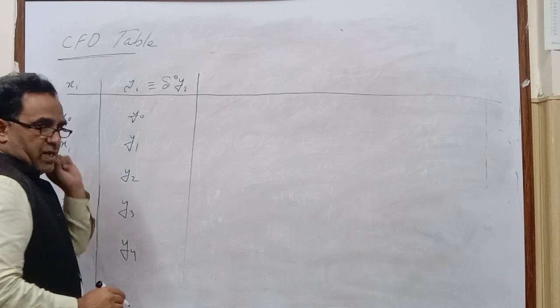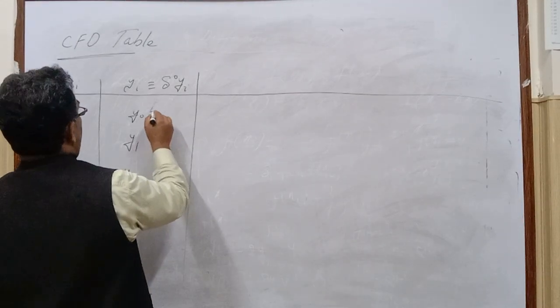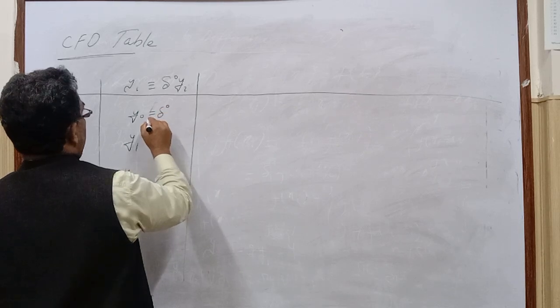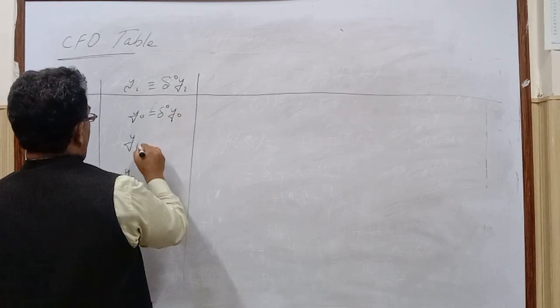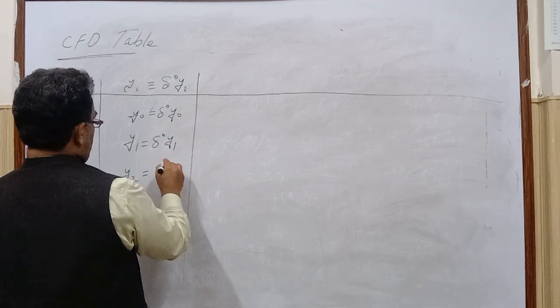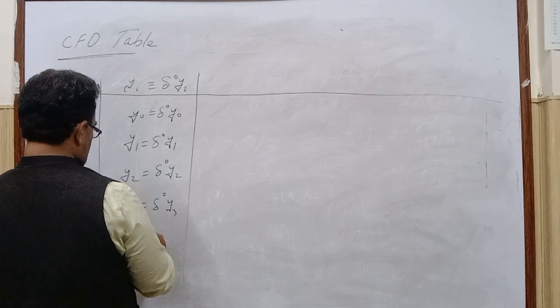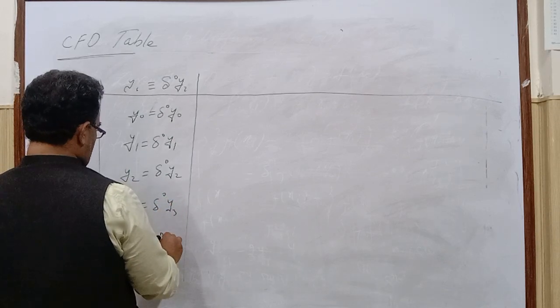So these values of y are themselves zeroth CFDs at these values. This is delta 0 y0, this is delta 0 y1, this is delta 0 y2, this is delta 0 y3, and this is delta 0 y4.